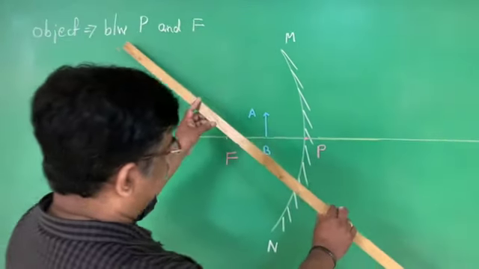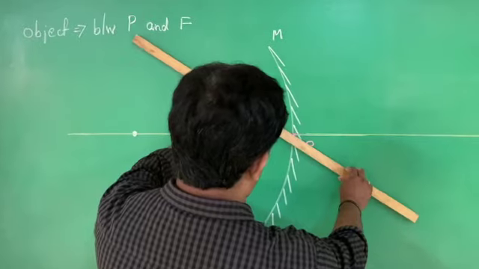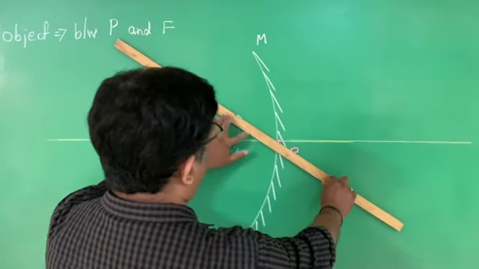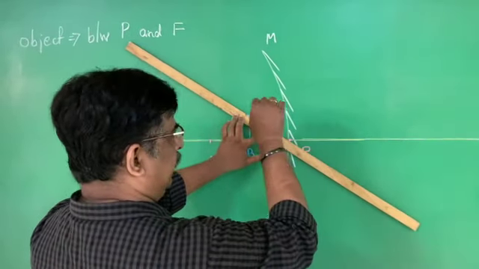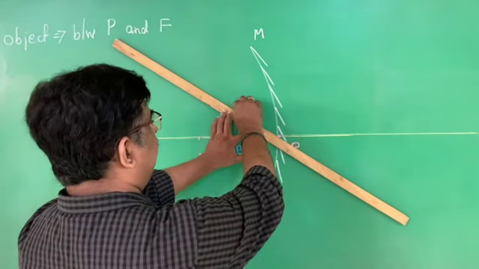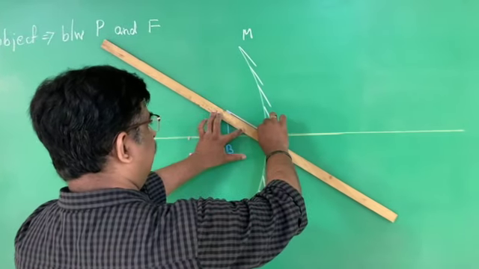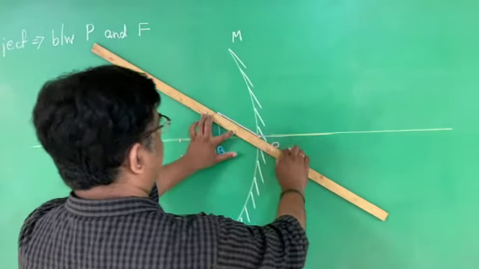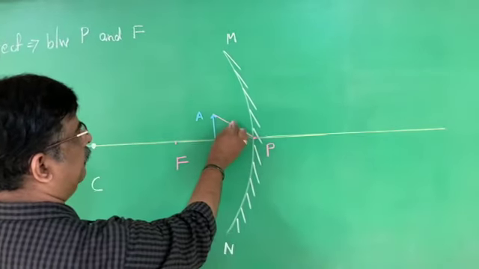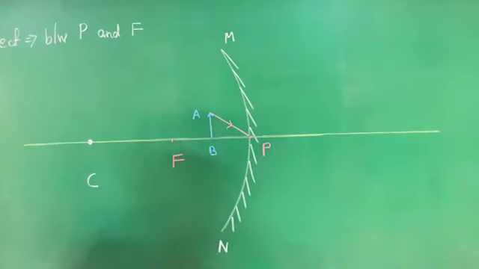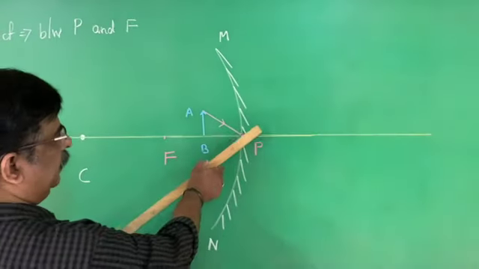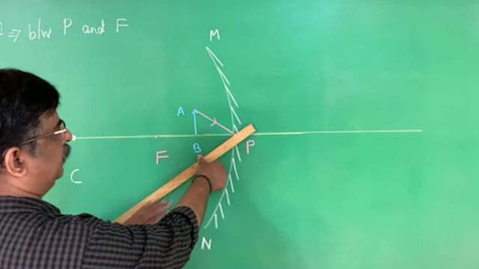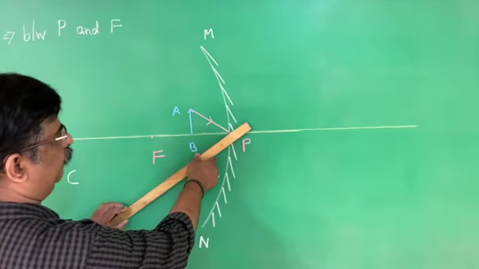The first condition is the ray of light from the object incident to the principal axis obliquely at the pole of the mirror, like this. This is the incident ray. After the reflection, it follows the laws of reflection. Therefore, you should be very careful.